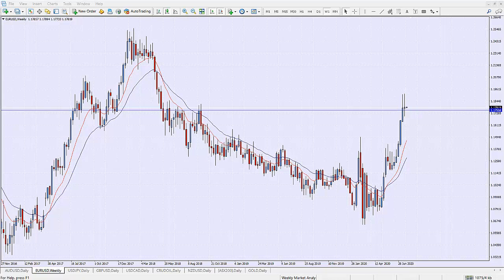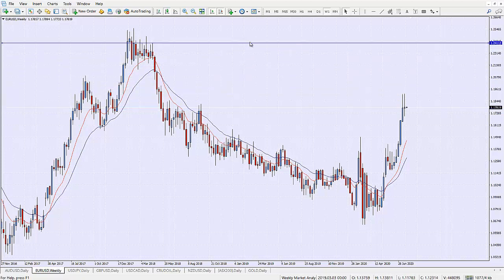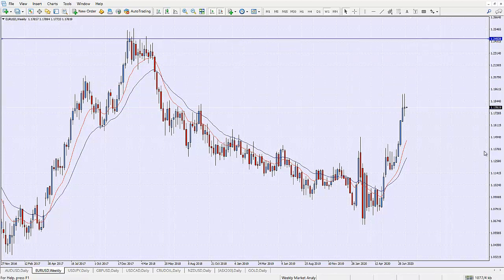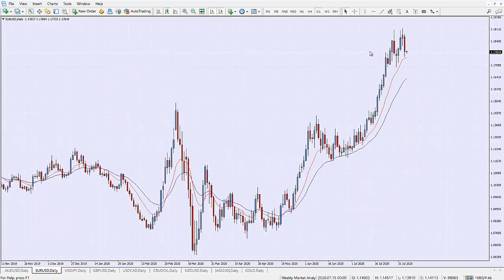The next level where we could get some kind of resistance, let me just move my line, is really at around about that level. So there's a long way before we get to that. That's around about the 124.50 mark. We're currently sitting at 117.80. Okay, so let me come back down to my daily chart.